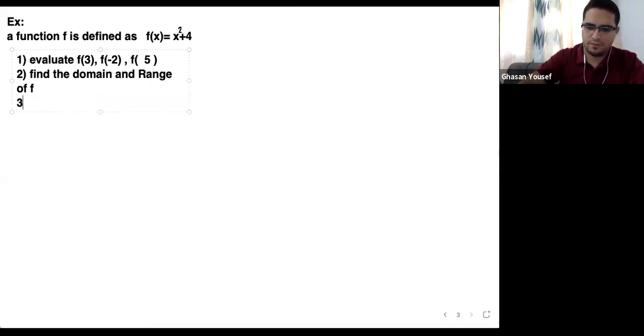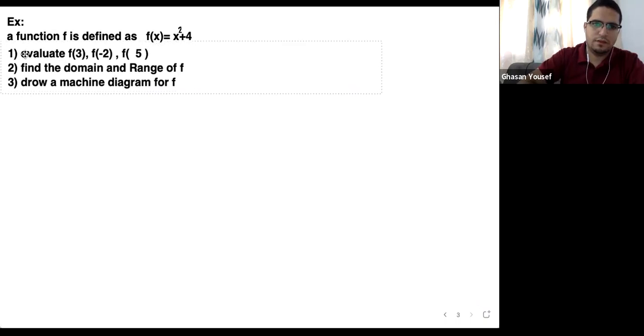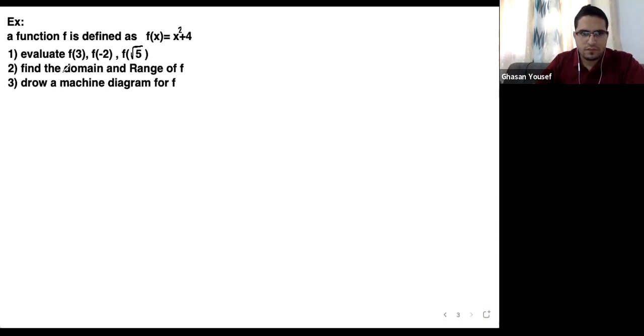Number 3, draw a machine diagram for function f. Evaluate f of 3, f of minus 2, f of square root of 5. Find the domain and the range for the function f. Draw a machine diagram for f.